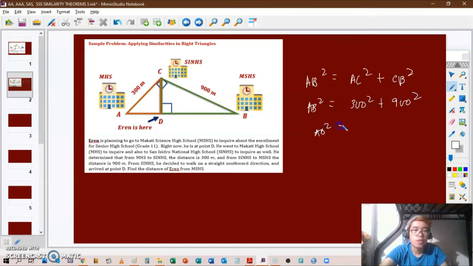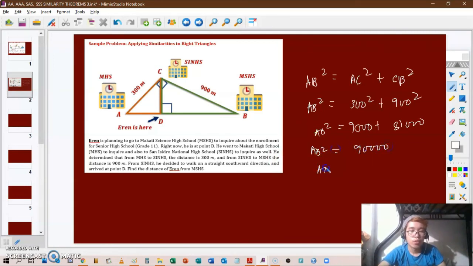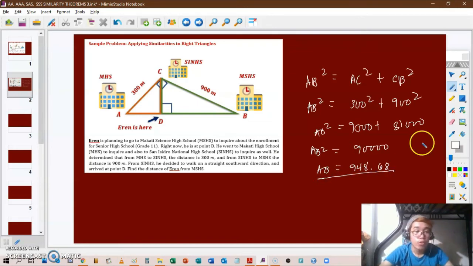Let's use our calculator. 300 squared plus 900 squared gives you 90,000, so AB squared is equal to 90,000, and therefore AB is equal to 948.68.